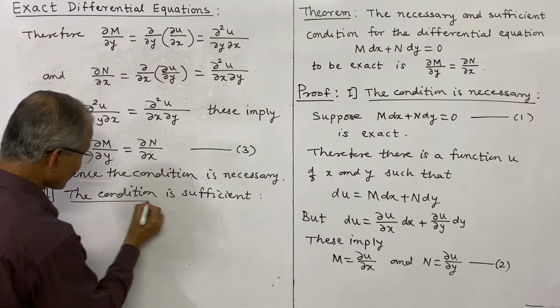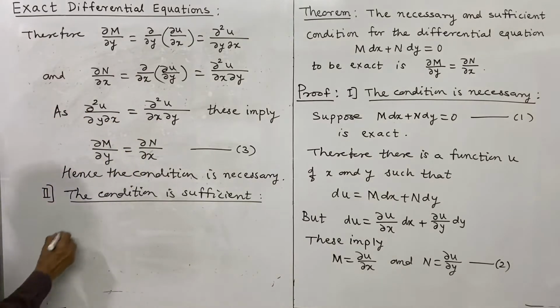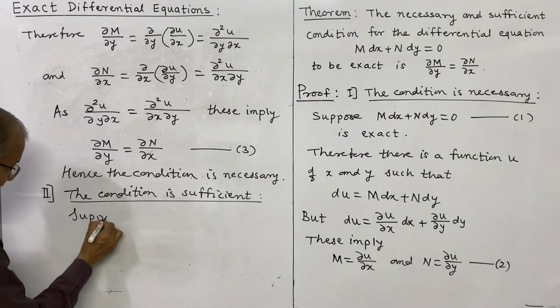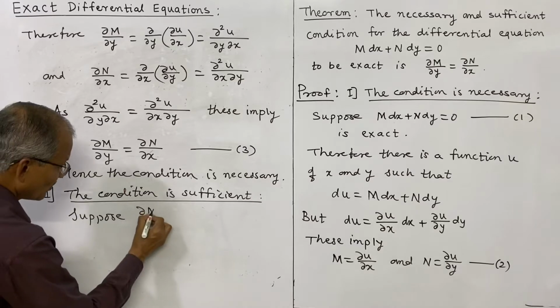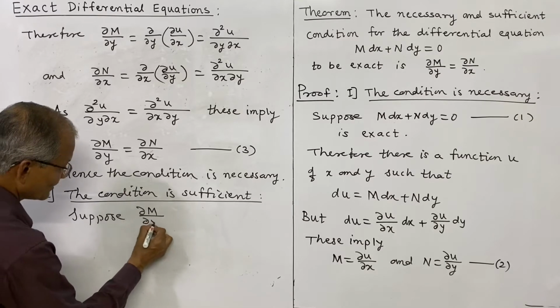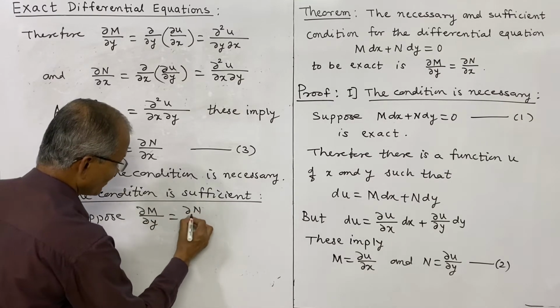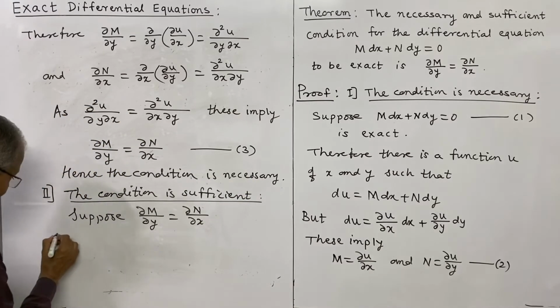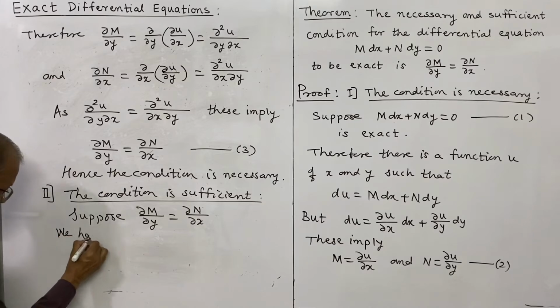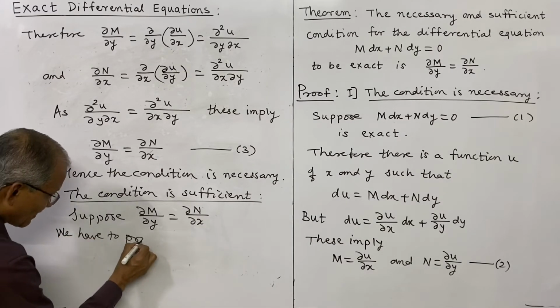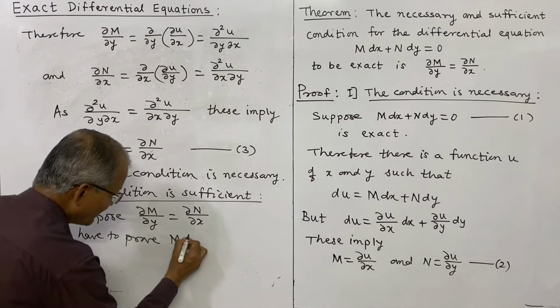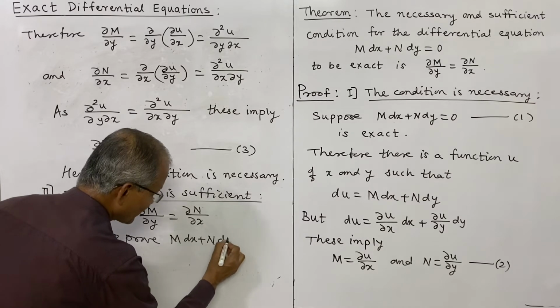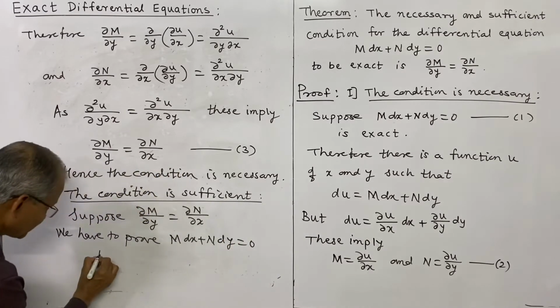For this, suppose ∂m/∂y is equal to ∂n/∂x. That means 3 holds. We have to prove m dx plus n dy is equal to 0 is exact.